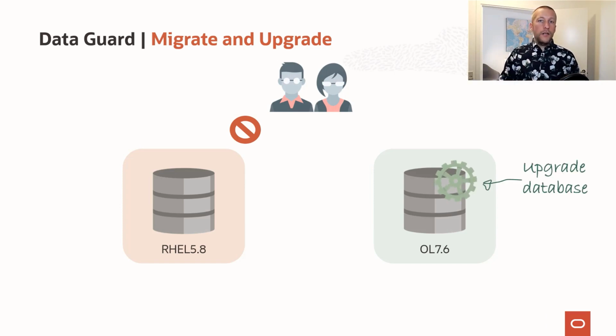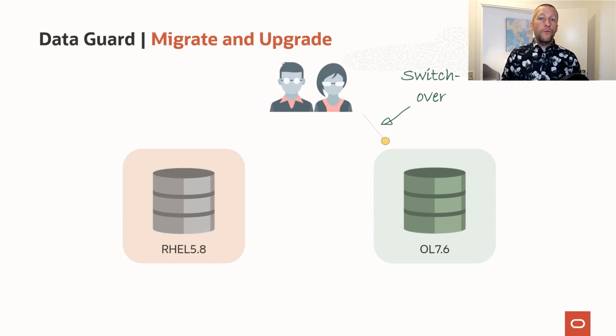We then cut the connection between the two databases and do an upgrade of the database. When that has happened, we can allow the users to reconnect to the new and upgraded target database. In this scenario, we have additional downtime because we have to keep the database down while we do the upgrade.